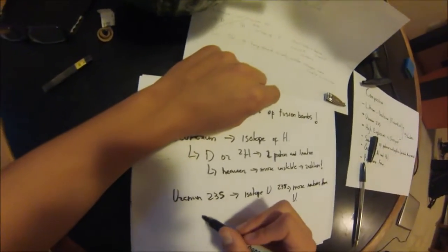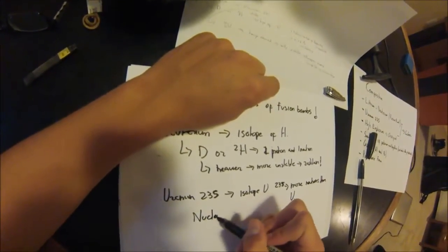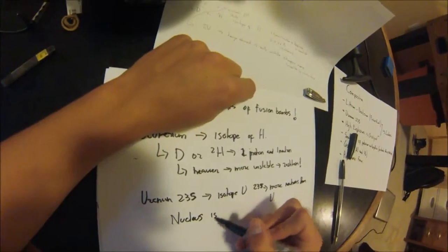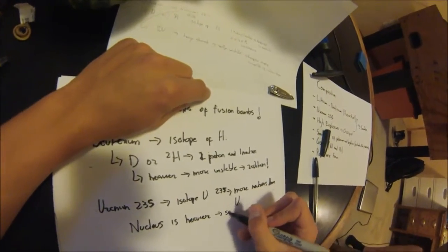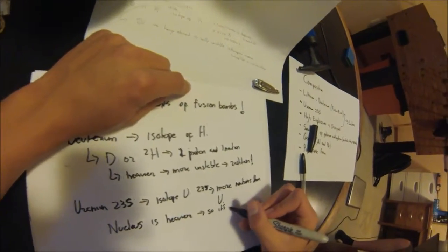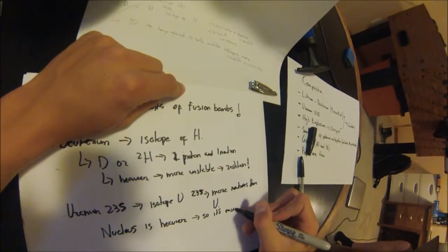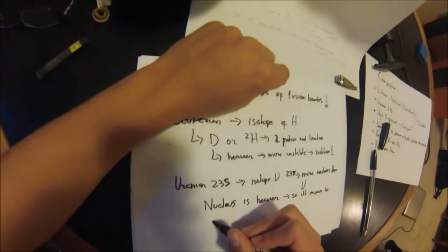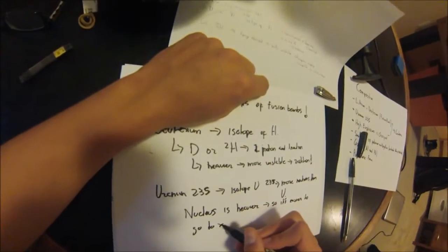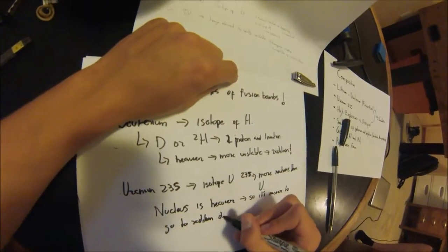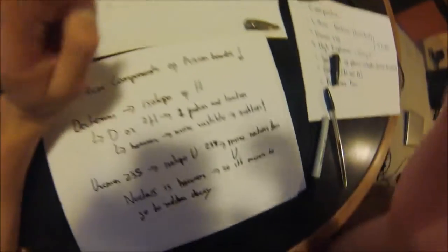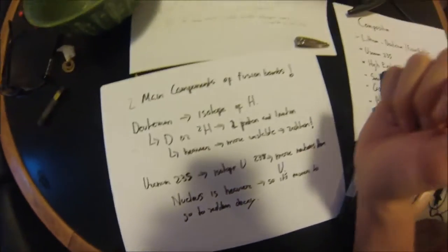This way the nucleus is heavier, so it's easier to go to radiation decay. And those are the two main components of fusion bombs, but they are not easy to find in supermarkets.